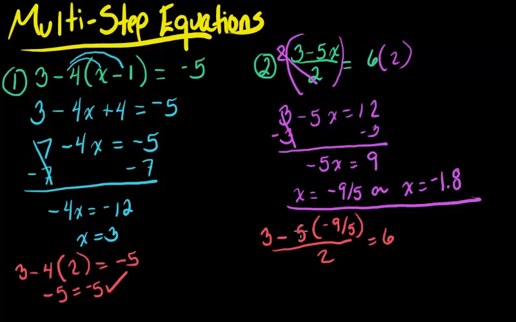And this will cancel out. So we're going to get 3 minus negative 9 over 2 equals 6. Using same change, that's going to give us 12. 12 divided by 2 does equal 6. So that checks out.